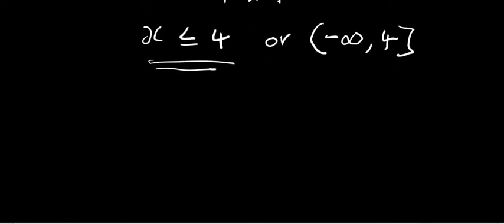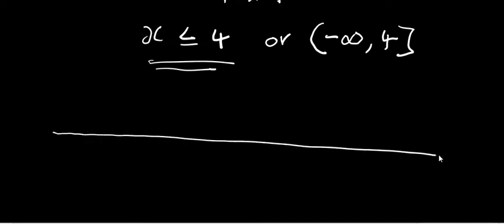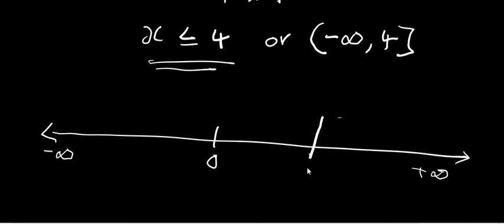If I was to show this same answer using the number line, I'm going to draw the number line like that, and then I'll put my 0 there to demarcate negatives from positives. Then this will be negative infinity, the other one will be positive infinity, and I know that 4 will be somewhere there.